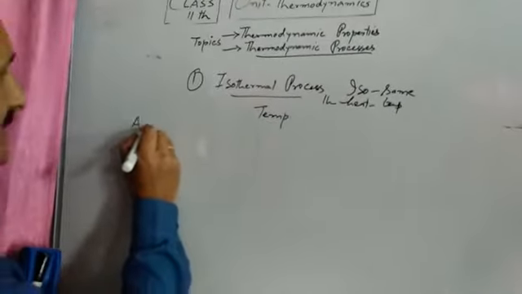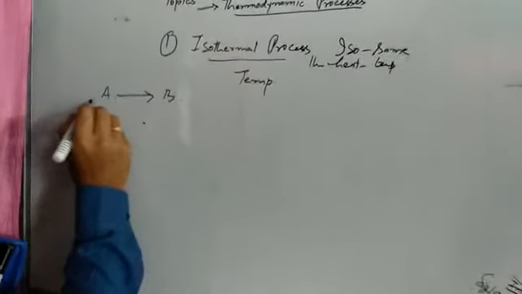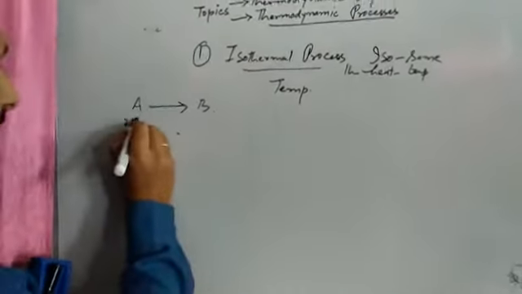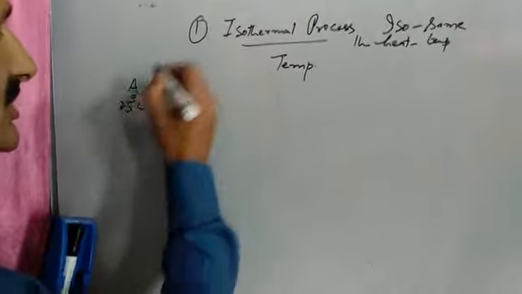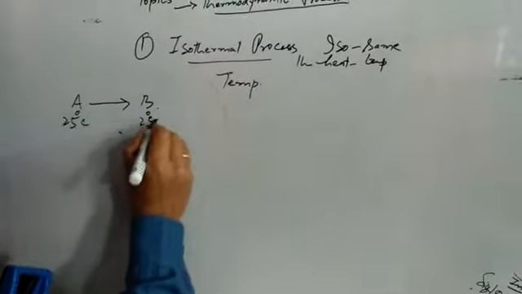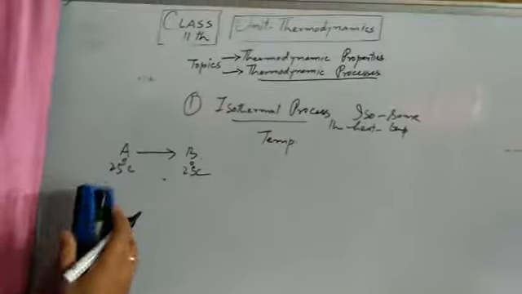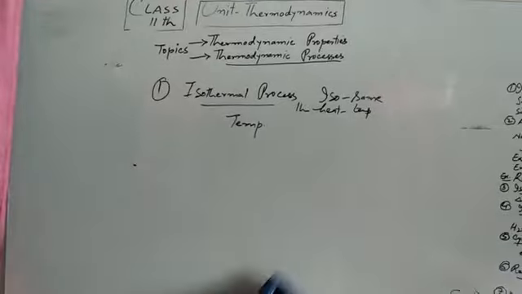That means, suppose system A is getting changed to system B. Suppose its temperature was 25 degree at the beginning, and if it changes into B, its temperature remains the same, no change in temperature, then such a process is known as isothermal process.